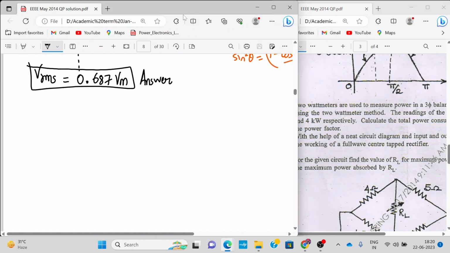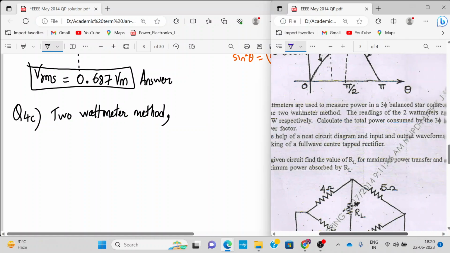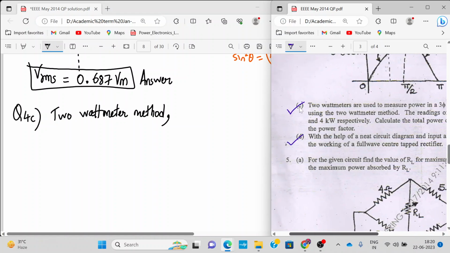Okay. So this is question number 4C. It's the question for 2 wattmeter method. Only two, three formulas are there in this, nothing else. Now, two wattmeter readings: the higher reading, write it as W1.